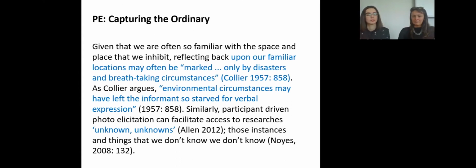But actually, we only know so much, and if we're researching an issue or a community, there's perhaps lots and lots of factors and issues that we don't even know exist. And by using photo elicitation, again, we're placing power arguably into the respondents' hands, and those respondents can perhaps cast light on some of those unknown unknowns in relation to capturing what appears to be on the surface quite ordinary, but actually when you dig into it can be really, really interesting.